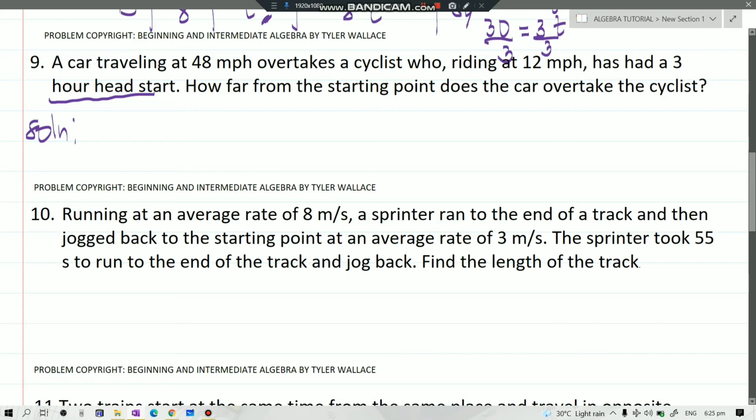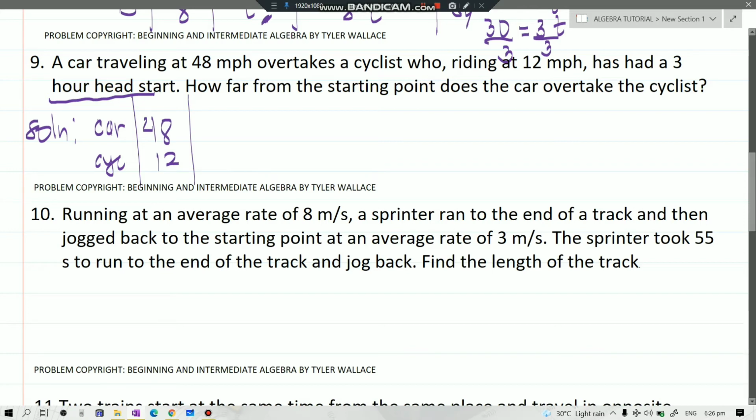So, may clue tayo dyan na head start. So, ibig sabihin nun plus. Okay, so since meron tayong head start, let's make it car and cyclist. Okay? So, ano yung rate nila? May given naman na 48 and 12.